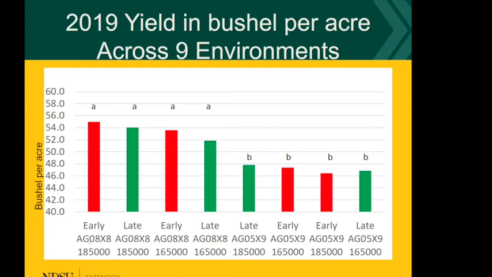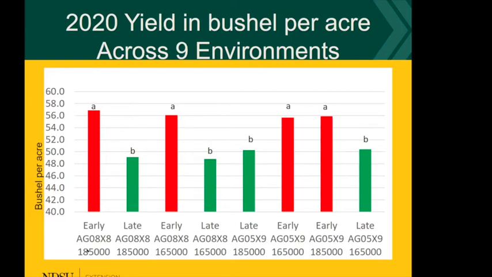Well, the difference in 2019 was that it was the late maturing variety that ended up having the higher yield, dominating the early planting and late planting, and the early maturing was significantly lower. However, if you look here, the highest was still achieved with the early planting, with the late maturing, and with the highest seeding rate.